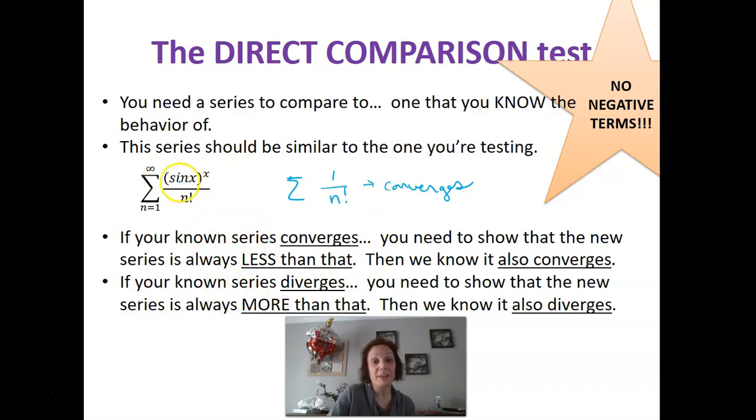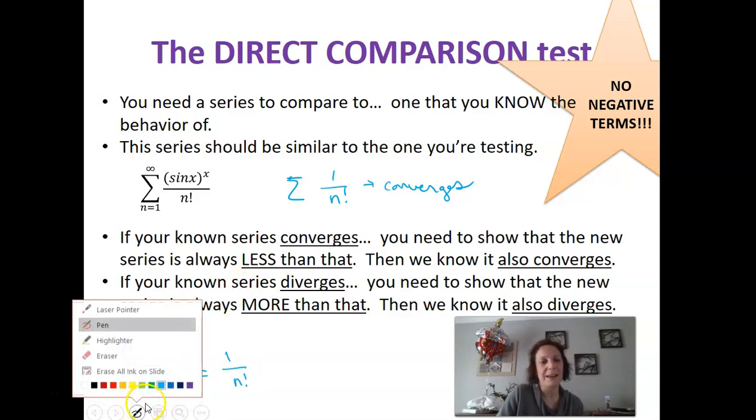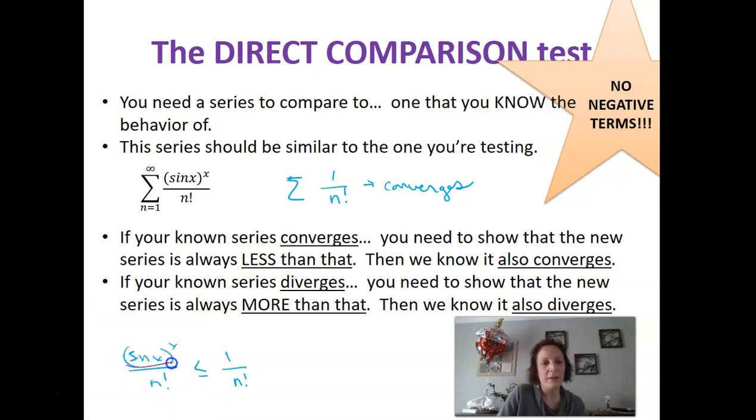Okay? So for this one, we would have to explain why we believe that the sine of x to the x over n factorial is always going to be less than 1 over n factorial, right? And that's not a terribly difficult argument in this case, right? All I have to do is explain why this is always going to be less than or equal to this, right?